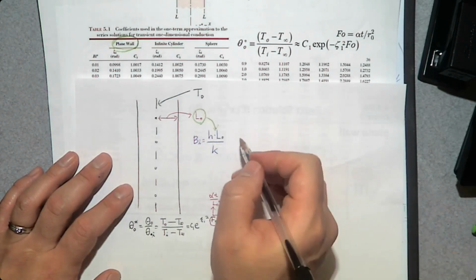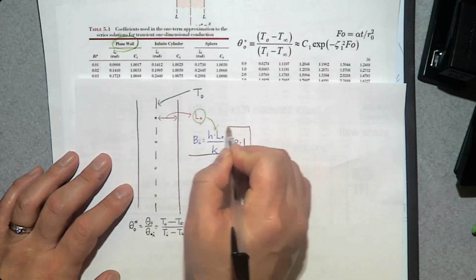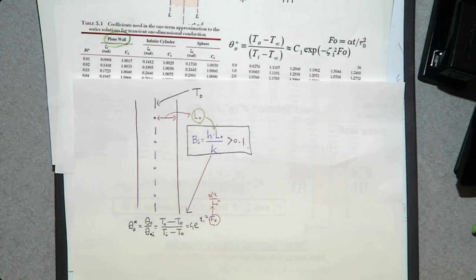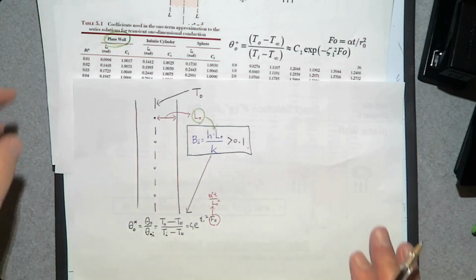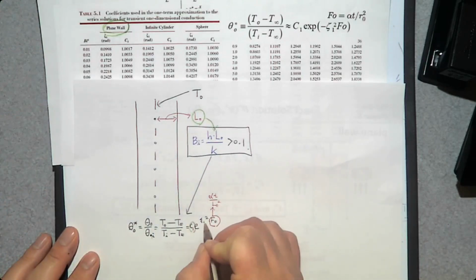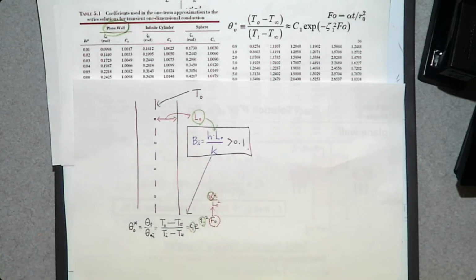And when this value is greater than 0.1, then we cannot use the lumped method. We use this approximate solution, and use this Biot number to determine Z1 and C1 from table 5.1. That will give you C1 and Z1, and alpha is a thermal property that you can find from a table, and you just need to know the characteristic length L0 to determine the center temperature.